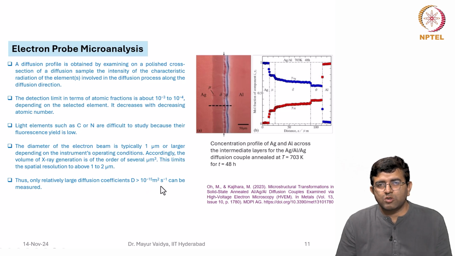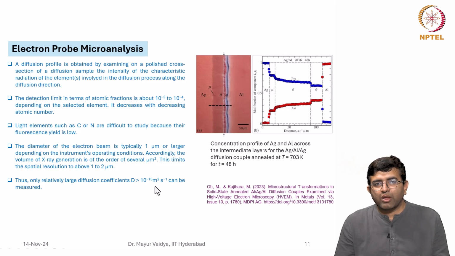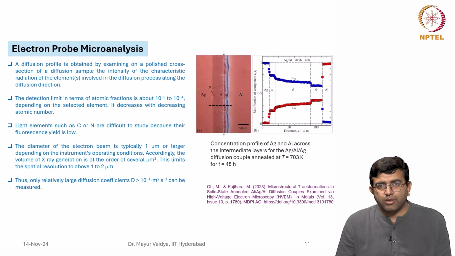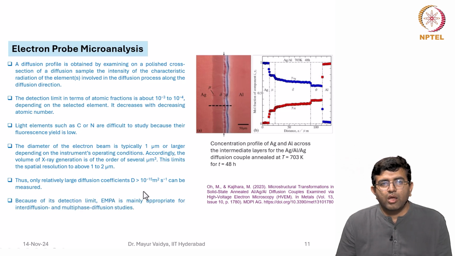Minus 16 also is possible sometimes, but typically greater than that only you can measure reliably using EPMA. Otherwise, because the spatial resolution is not so great, you will have overlapping points. Because of the detection limit, it is mostly used for interdiffusion and multiphase diffusion studies.